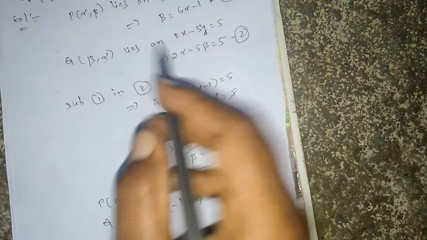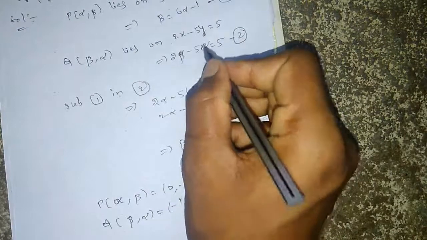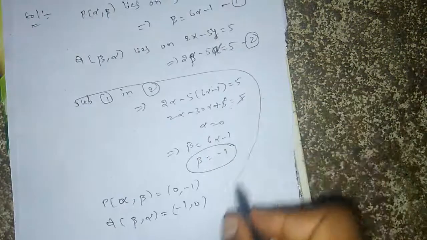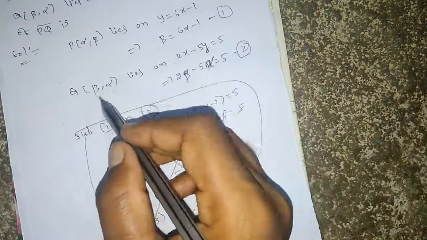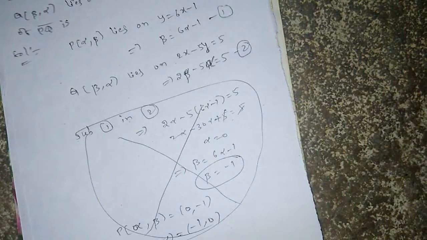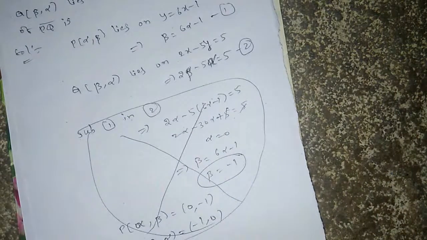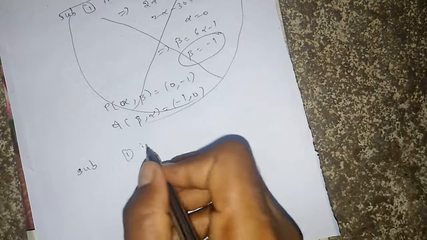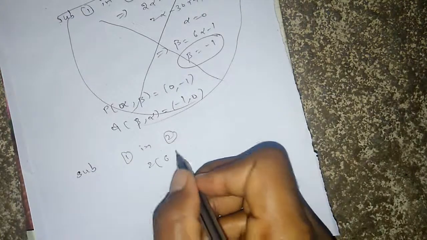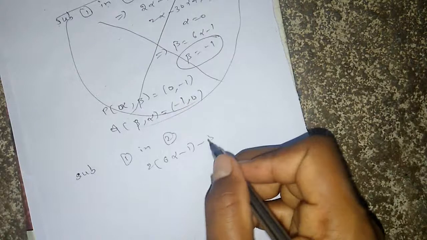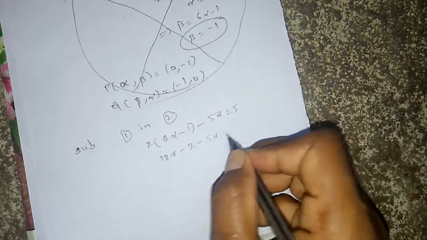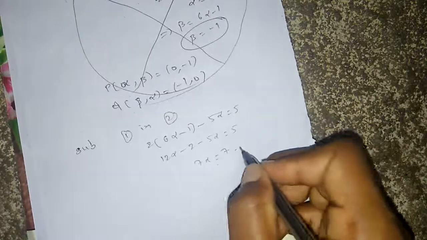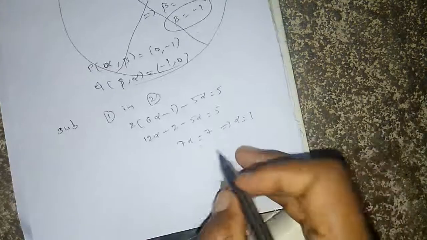Sorry, my mistake here. Q is (beta, alpha), right? So x is beta here, y is alpha. So that is 2 beta minus 5 alpha is equal to 5. Now substitute 1: 2 into beta value, 6 alpha minus 1, minus 5 alpha is equal to 5. 12 alpha minus 2 minus 5 alpha is equal to 5. 7 alpha is equal to 7 implies alpha is equal to 1.